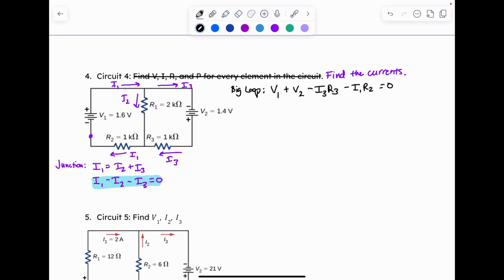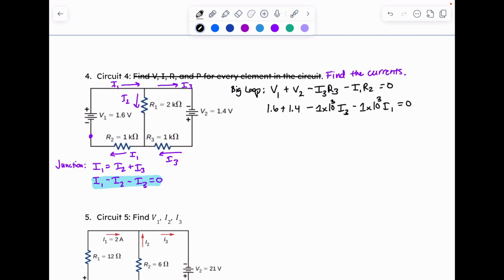So I actually have some values here. So we have 1.6 plus 1.4 minus 1 times 10 to the third I3 minus 1 times 10 to the third I1 equals 0. 1.6 plus 1.4 is 3.